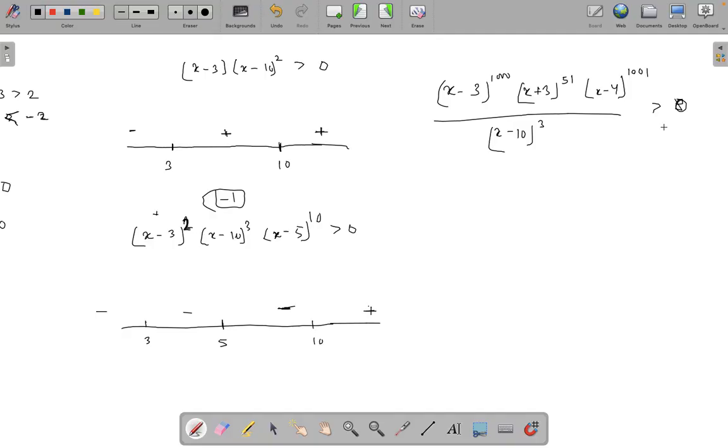Does division or multiplication have any different effect when it comes to sign? No, we are just talking about signs. If you multiply two numbers and then divide by a third number, it is effectively just multiplying the signs.